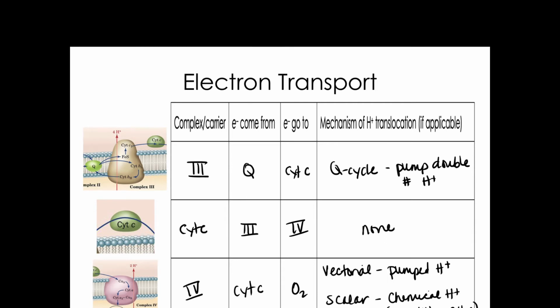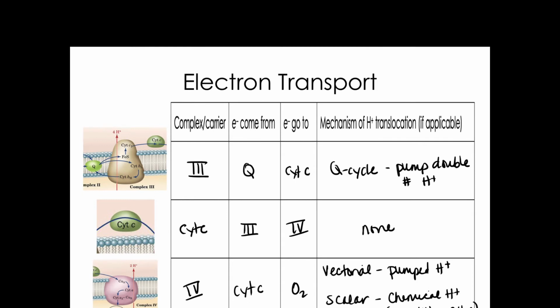And so again, Q delivers its electrons to complex 3, goes through this Q cycle, we pump twice as many protons as we could, and ultimately deliver those electrons to our mobile carrier cytochrome C, which is a very hydrophilic carrier, and so it lives in the inner membrane space.